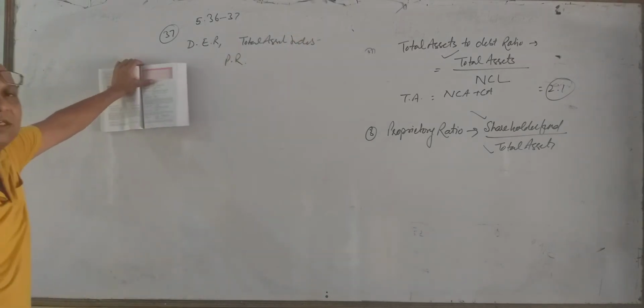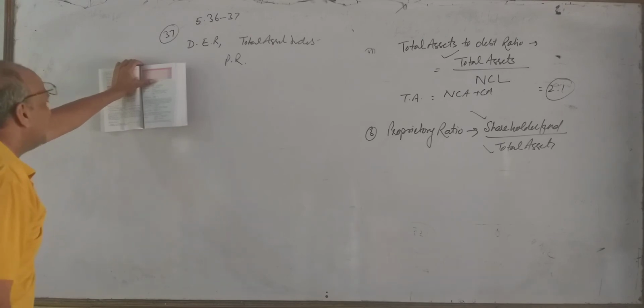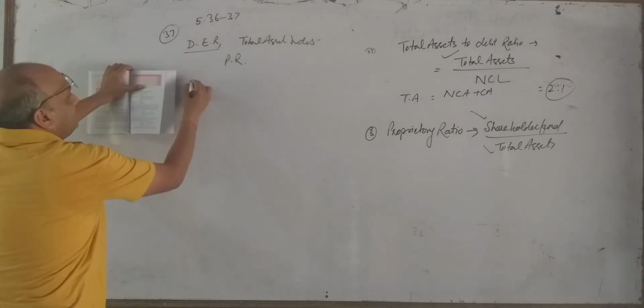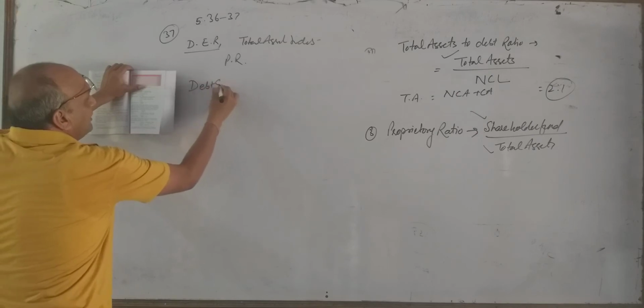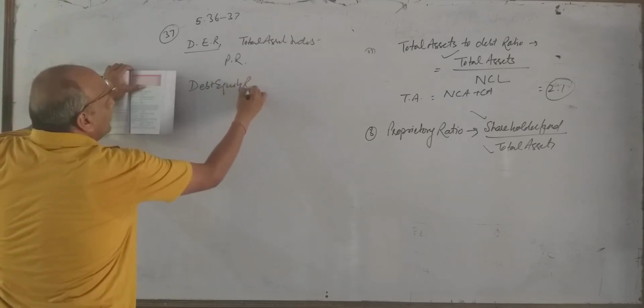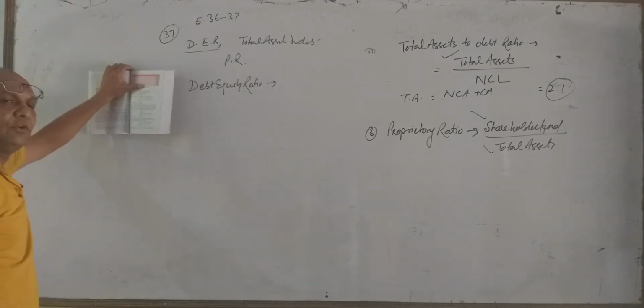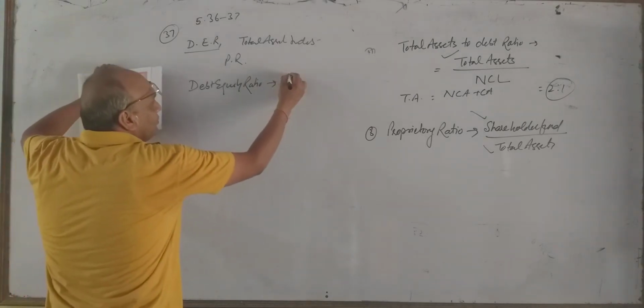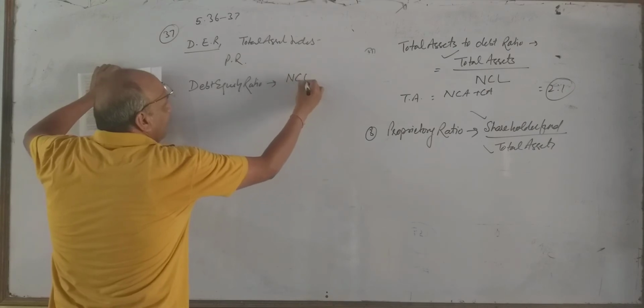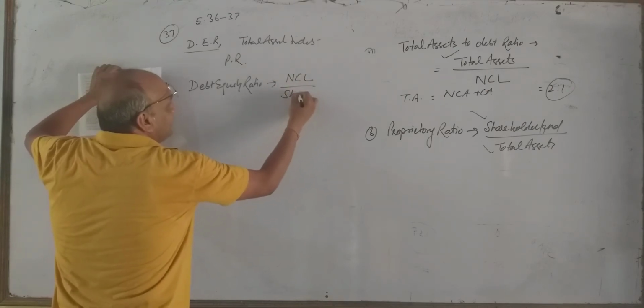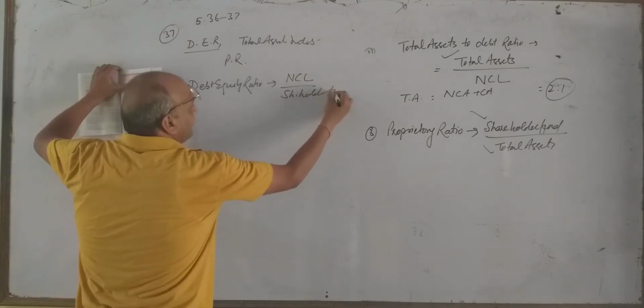All these three things are demanded by the sum. So first of all, let us calculate debt equity ratio. I told so many times, whenever we are calculating any formula, write its formula. Debt equity ratio is NCL upon shareholder fund.